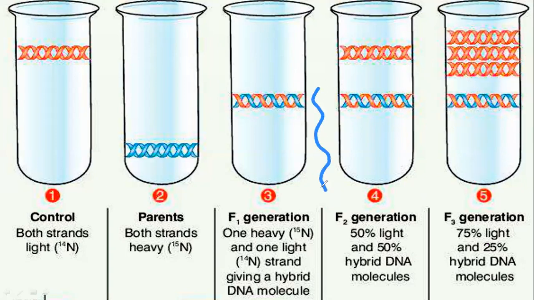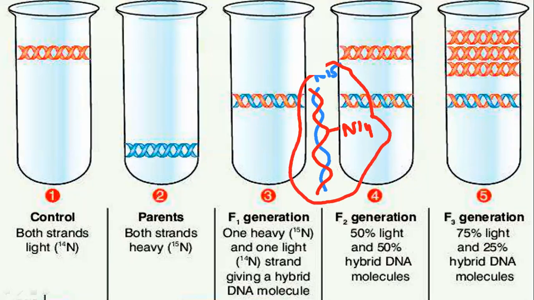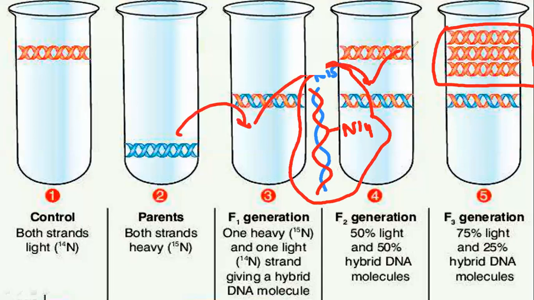If I'm labeling this as N15, then the other strand of the hybrid, the complementary, newly synthesized strand, was N14. So this DNA is going to be the hybrid. While in the last generations, after generation after generation, you got 75% of the lighter nitrogen isotope.